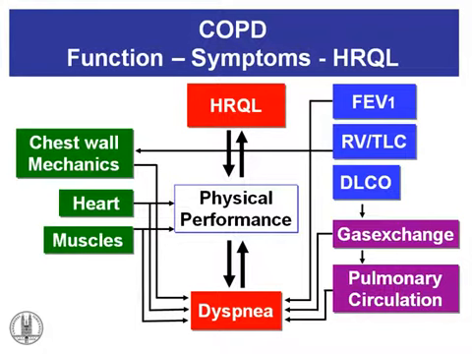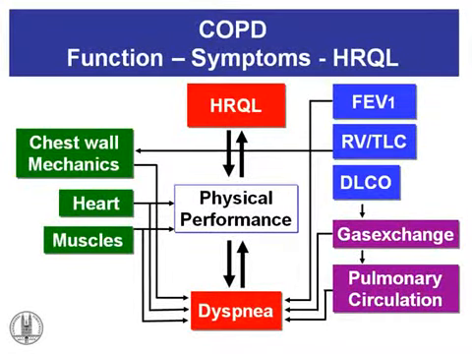But if you think again on the connection between function, symptoms, quality of life in patients with COPD, then it's easy to understand that patients who are severely hyperinflated with a high residual volume, high total lung capacity, have a severe problem with the chest wall mechanics.